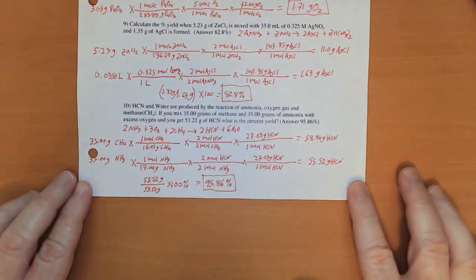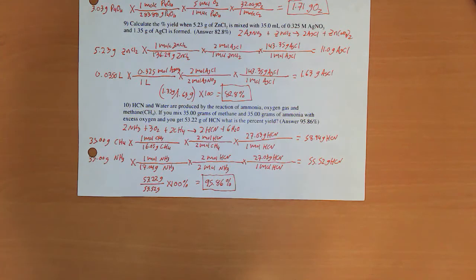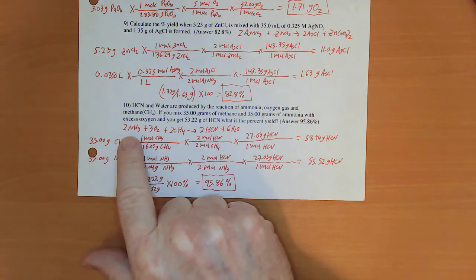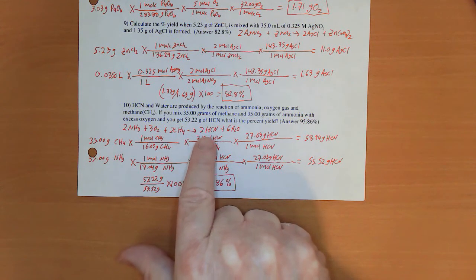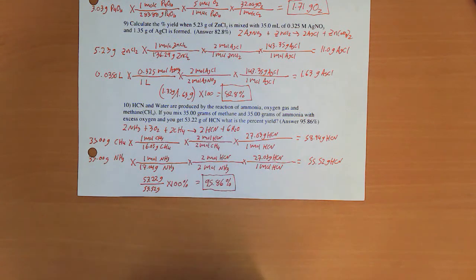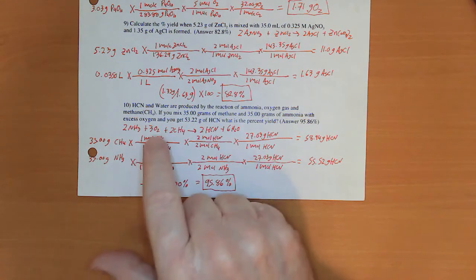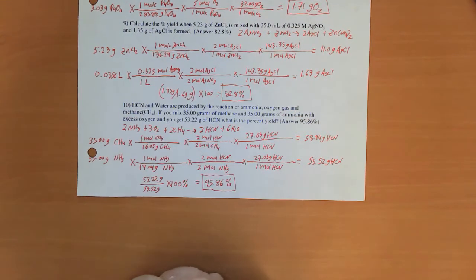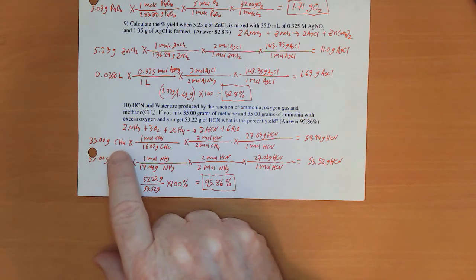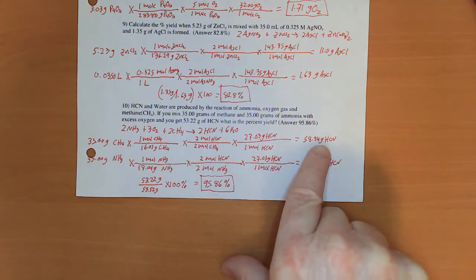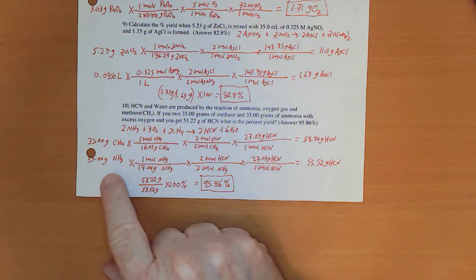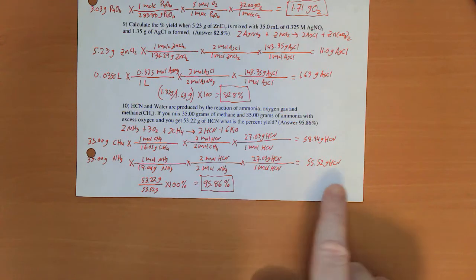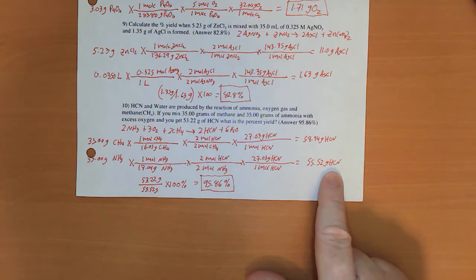Now in number 10, the trickiest part is probably the equation: 2NH3 plus 3O2 plus 2CH4 give you 2HCN and 6H2O. You're being told that you have excess oxygen, so don't worry about that. You take your 35.00 grams of CH4 and get 58.94 grams of HCN, and your 35.00 grams of NH3 gives 55.52 grams of HCN.